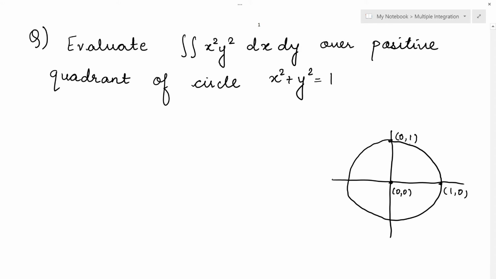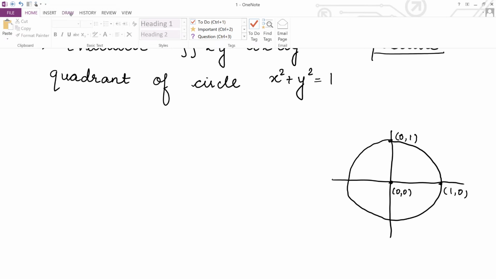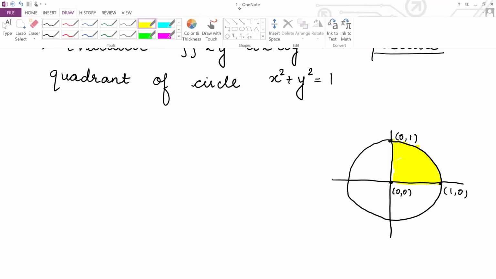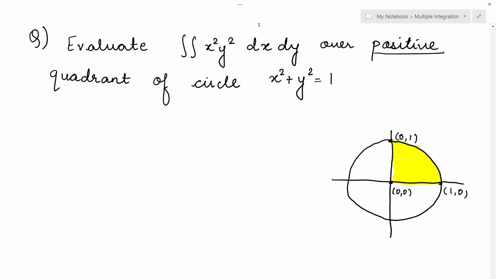So I have drawn a complete circle, but the question says that it is over a positive quadrant of the circle only. So the region of our integration is just the positive quadrant of the circle.